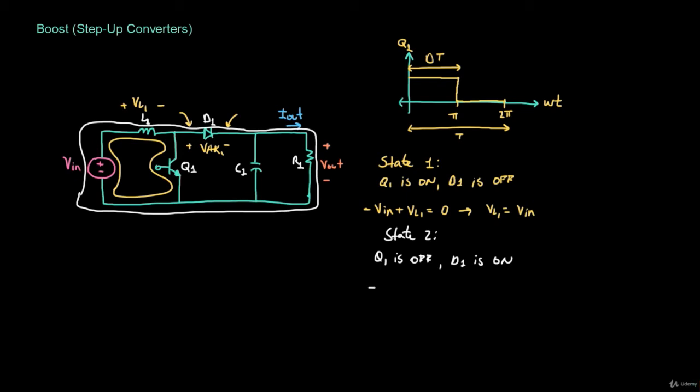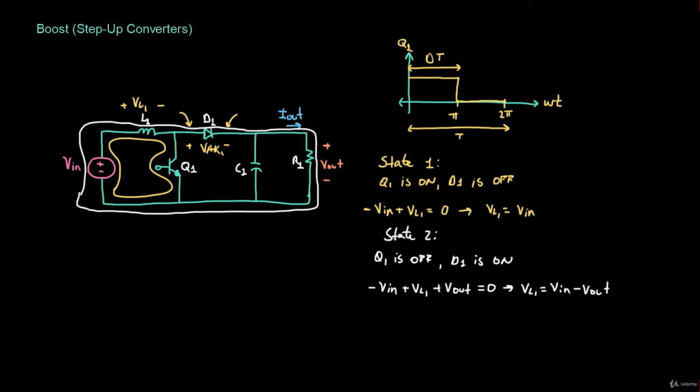We would have minus Vn plus VL1, and then D1 is a short circuit, and so we have plus Vout equal to 0. So we would get that the voltage across inductor L1 would be equal to Vn minus Vout. And again, all I did here is solve for the voltage across inductor L1 during the two states using Kirchhoff's voltage law.